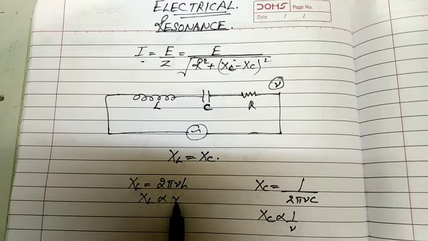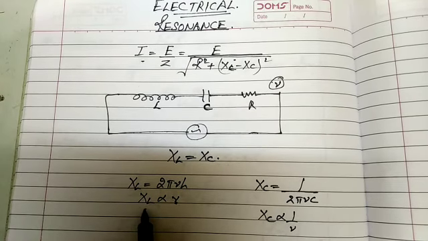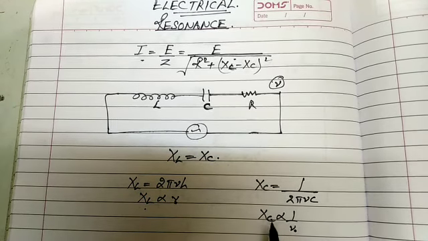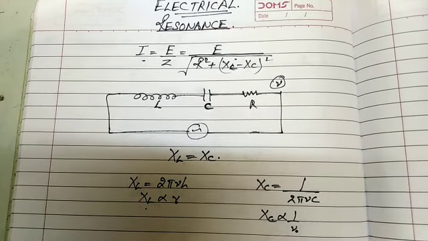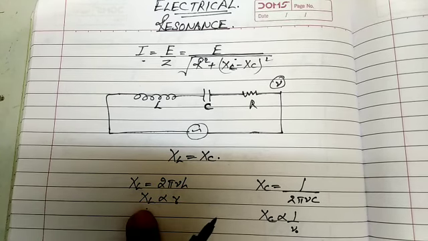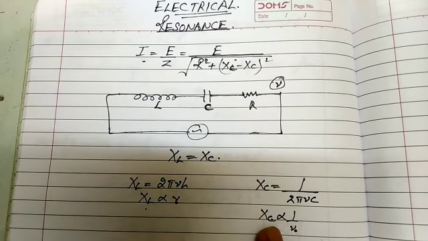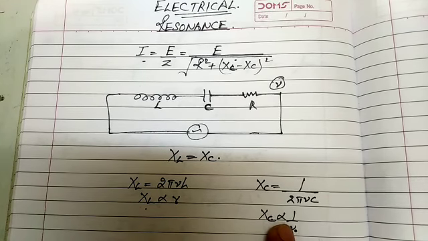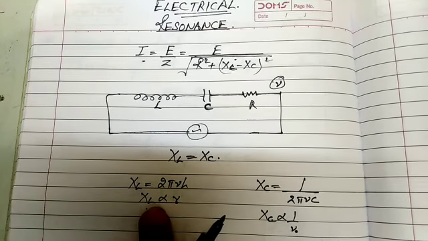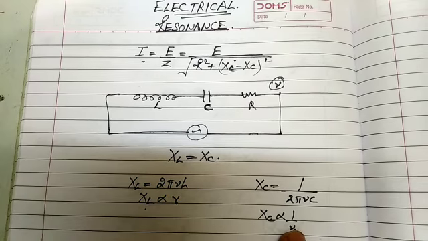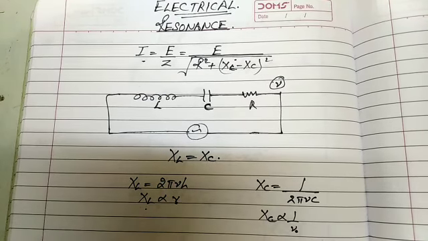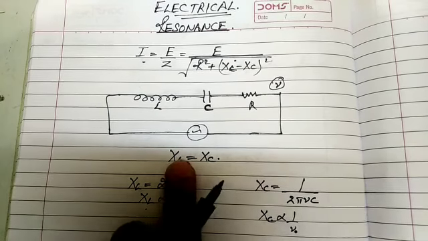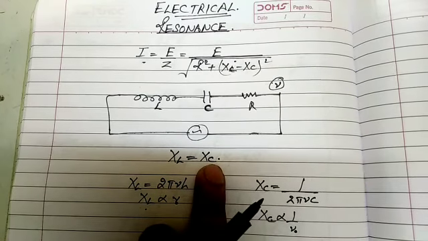If frequency increases, XL increases, but XC decreases, because the values of inductive and capacitive reactance change with frequency. If frequency is low, inductive reactance will be low, but capacitive reactance will be high. So we have to find the frequency at which both XL and XC are equal.